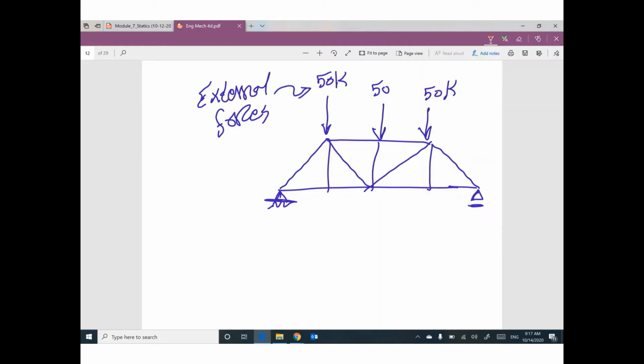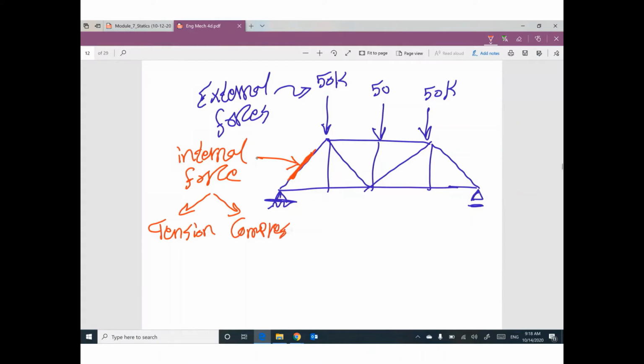We learned how to figure out what is the force in this member. The force in this member is called internal force. And this internal force is probably tension and sometimes it's compression. And we learned how to figure them out.